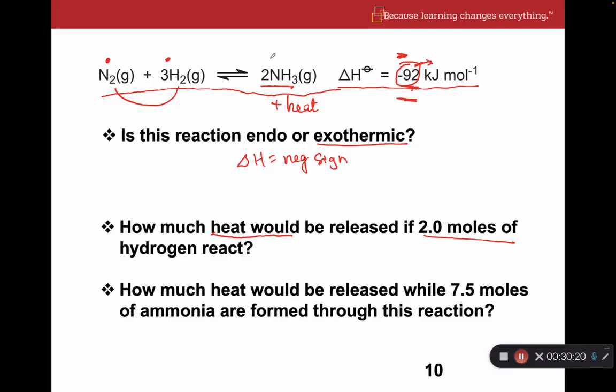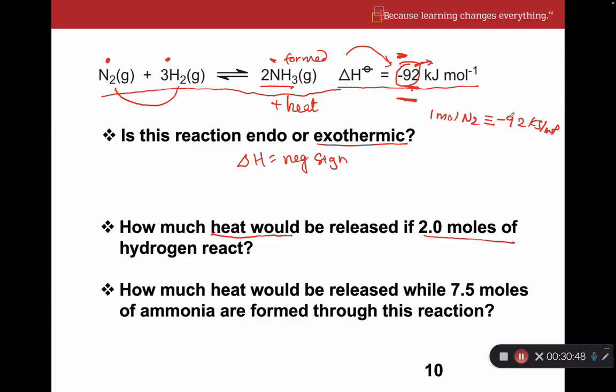Or I can say when 2 moles of ammonia is formed, it is a product, so it has to be formed, this much amount of energy is released. So I can use that relation as a conversion factor. I can write 1 mole of nitrogen is equivalent to negative 92 kilojoule per mole.